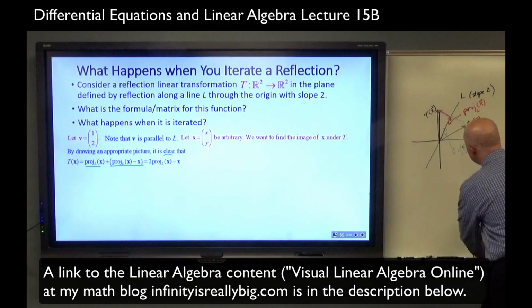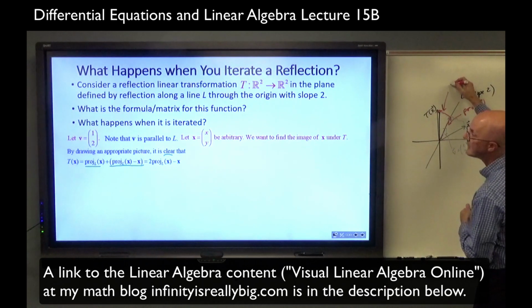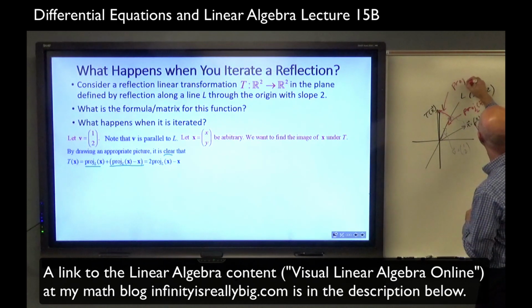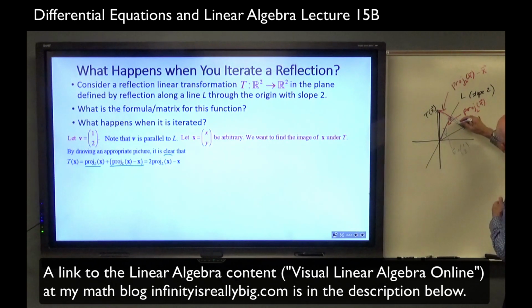But this vector right there is the projection of x along L minus x itself. Why? Because I claim its opposite, that points this direction, is x minus the projection.